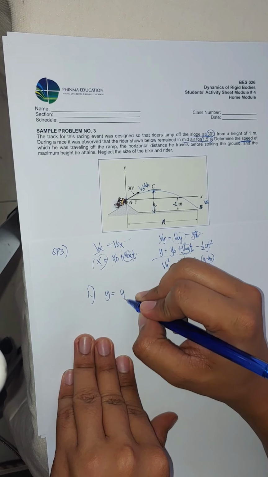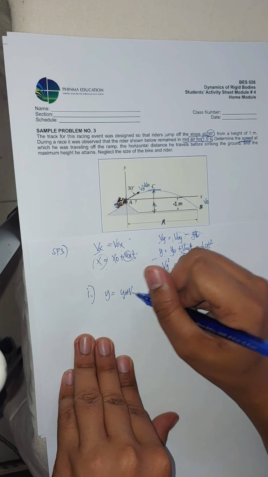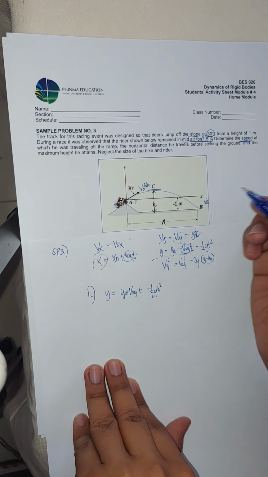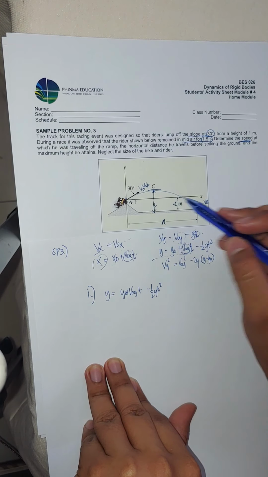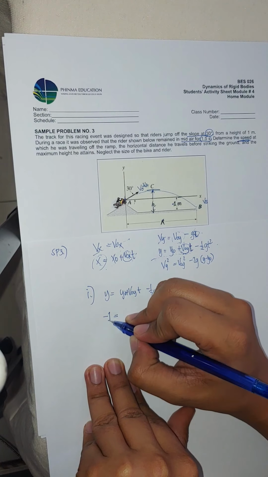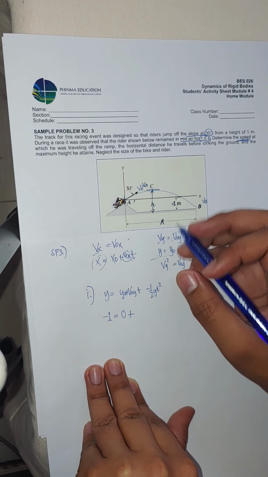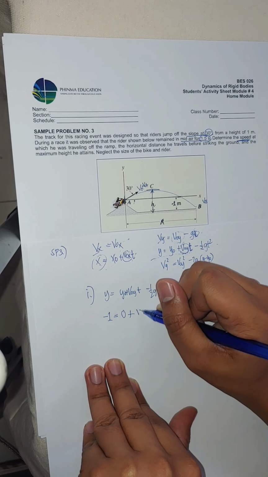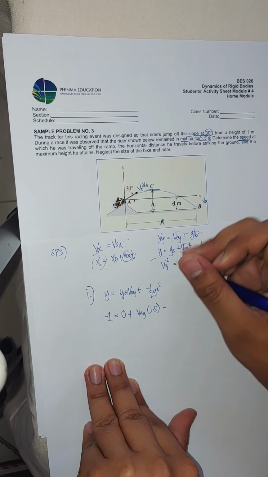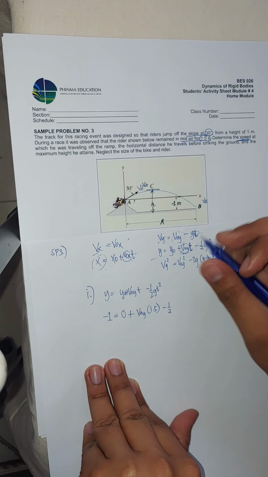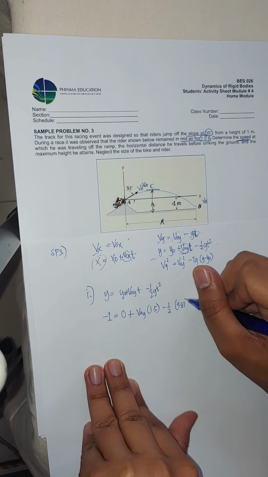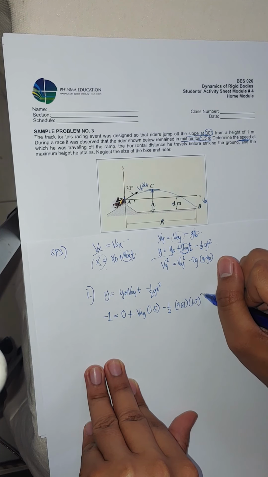So y = y0 plus V0y T minus 1/2 GT squared. In this problem, the y is from here to here, so that is negative 1, because initial y is 0, plus V0y or VAy, times the time of 1.5 seconds, minus 1/2. Since meters is the unit used, this is SI, so we use 9.81 times the square of the time.